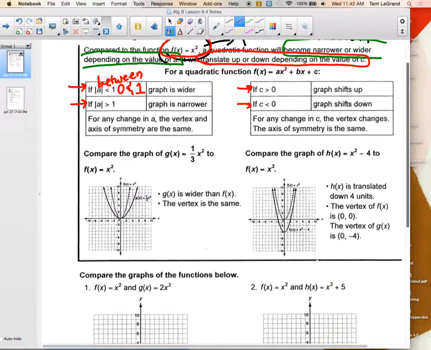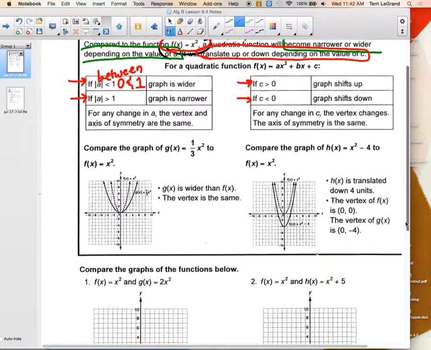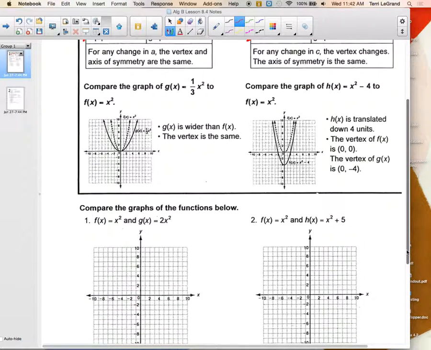If we have a C value that's not 0, but it's negative, that means the vertex moved down. Will the axis of symmetry change when a vertex moves up or moves down? No, it can't. Moving up or down should not change the axis of symmetry, should it? It would have to move left or right to change the axis of symmetry. So that should not be affected.